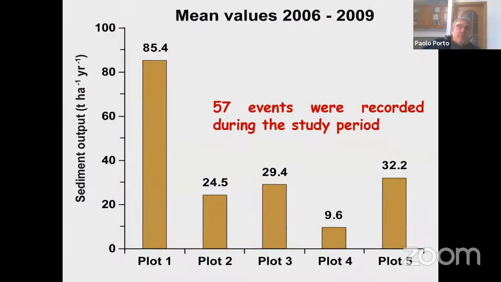So we made a first comparison between the cesium estimates, I mean soil erosion rate by the cesium technique, the traditional technique, with the measurements related to the first 4 years from 2006 to 2009. During this 4 years period, 15 events have been recorded, and you can see here that soil erosion ranged from 9.6 to 32.2 tons per hectare per year.